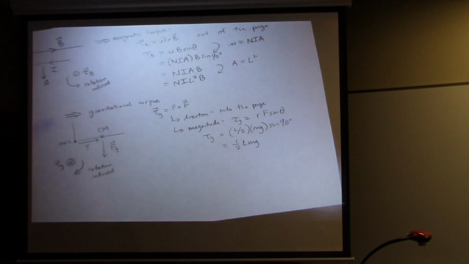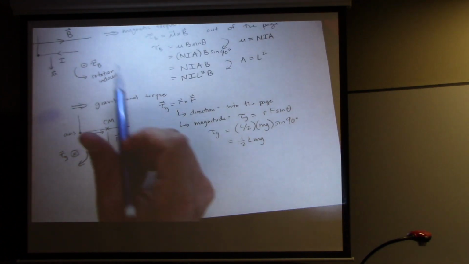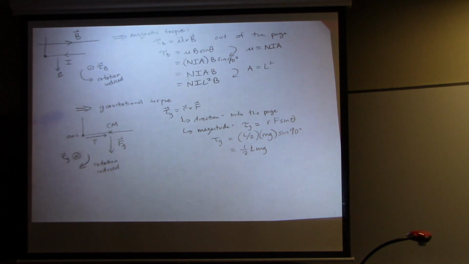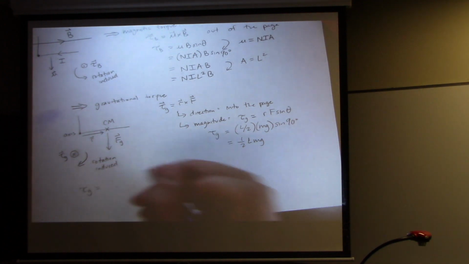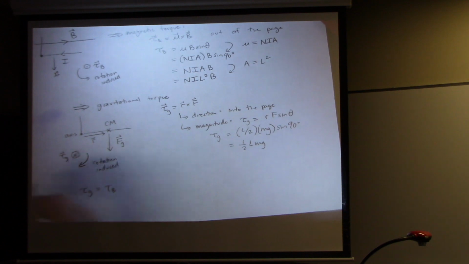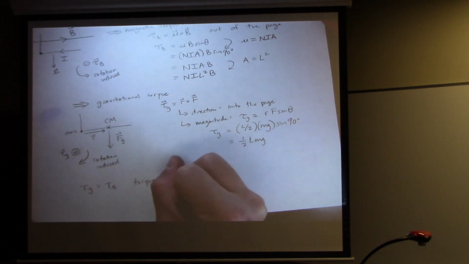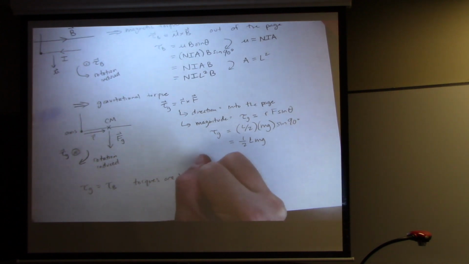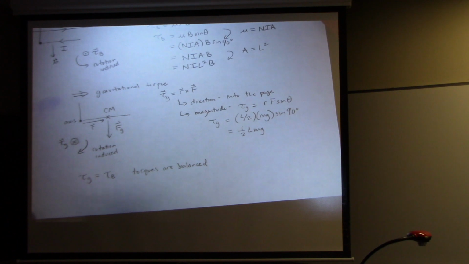Now, here's the next thing we're going to do. If you recall, what we're trying to find is the current. To find the current, the next thing we have to do is say that the gravitational torque and the magnetic torque are equal, or they balance out. They go in opposite directions, but the magnitudes are equal.